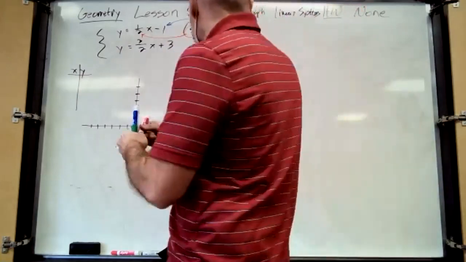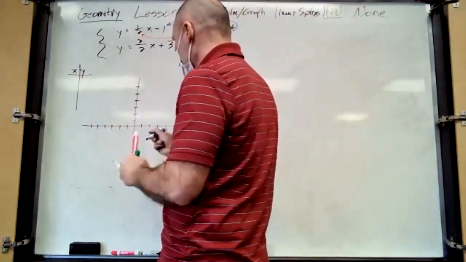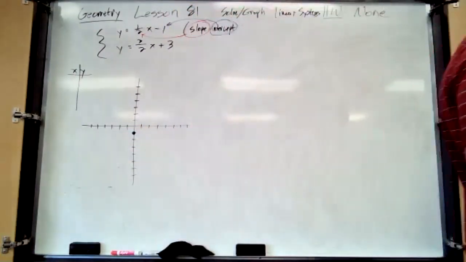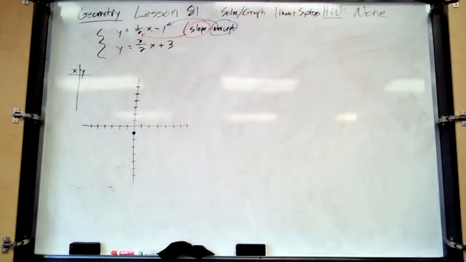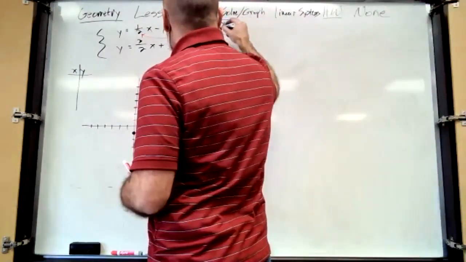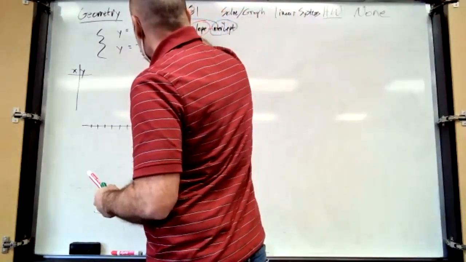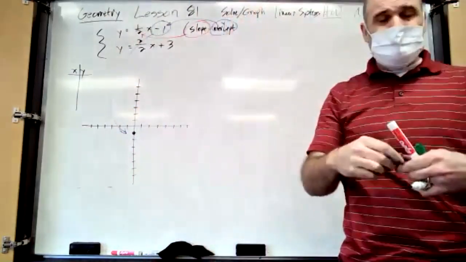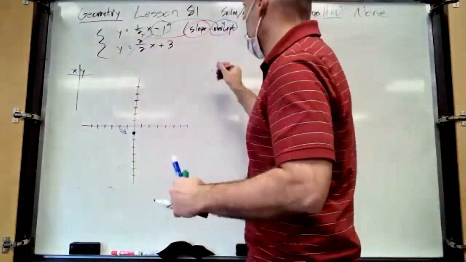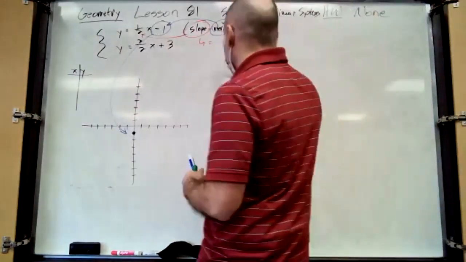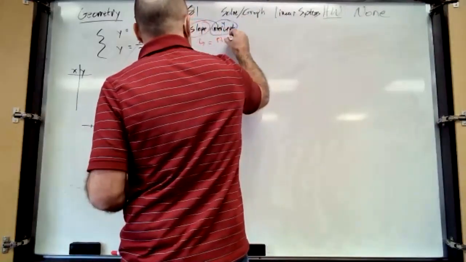So the intercept is at -1. Right there, that's where we start. This is the y-axis intercept, so that -1 is right there. Now slope, what does slope mean? What does slope equal? Rise over run. So it needs to be a fraction.